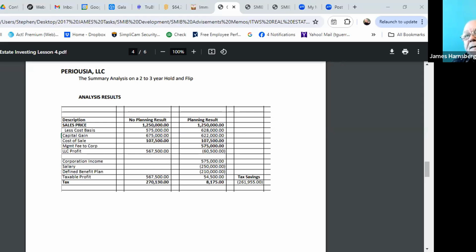Now, if I want to get real clever and build up several properties under each LLC, and instead of doing an asset sale, do a stock sale and sell the shares of the LLC, I create some different opportunities for more sophisticated tax planning down the road.